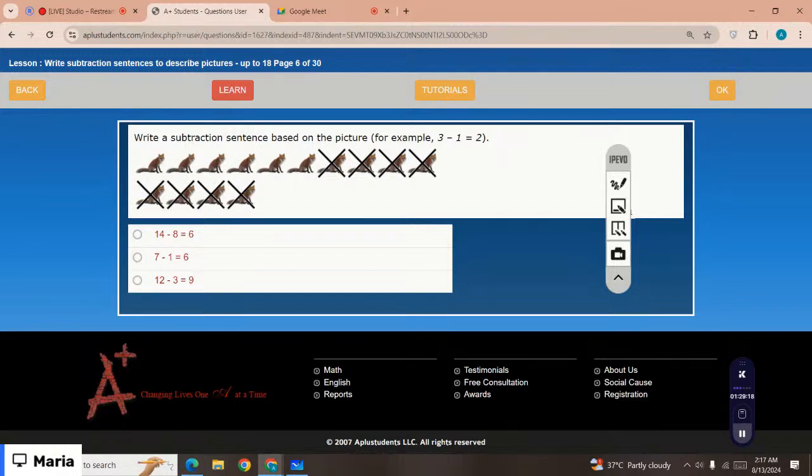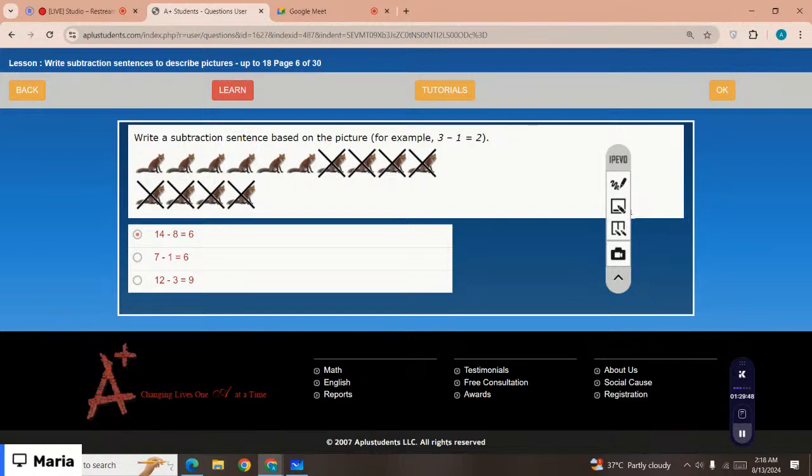Write a subtraction sentence based on the picture. So, which is the correct option? That is 14 take away 8 is 6. Option number 1 is the correct option, isn't it?